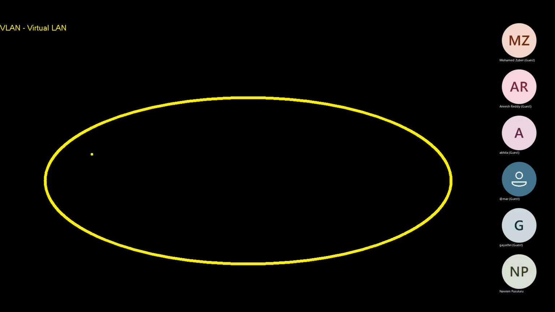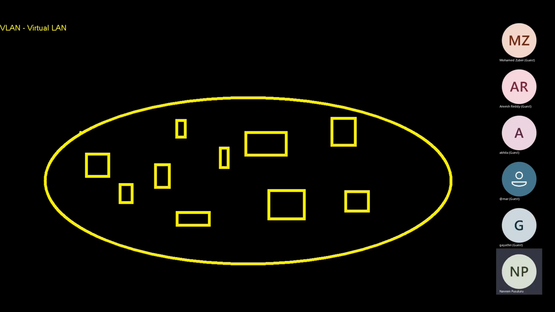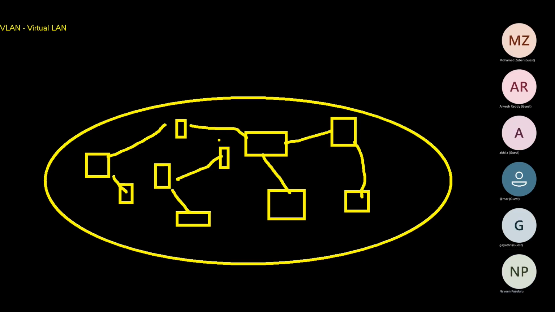Normally, this is a network where we'll have many network switches, and there will be communication between all those network switches. With these network switches, it will create a normal LAN network.